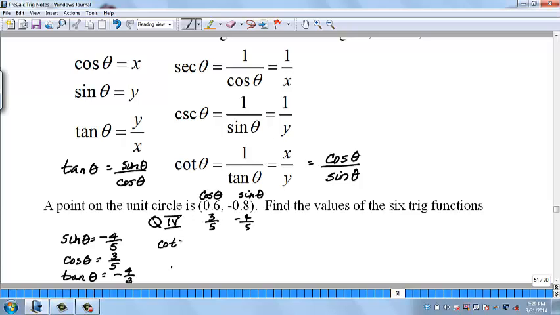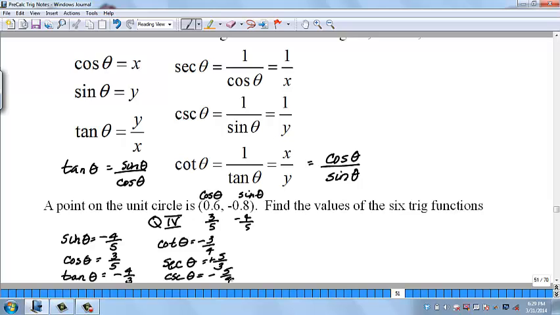Cotangent of theta is going to be tangent flipped, negative 3/4. Secant is the reciprocal of cosine, so I'm going to flip that, so it's 5/3 and it's positive. I'm sorry about that. And then cosecant is sine flipped, or negative 5/4.